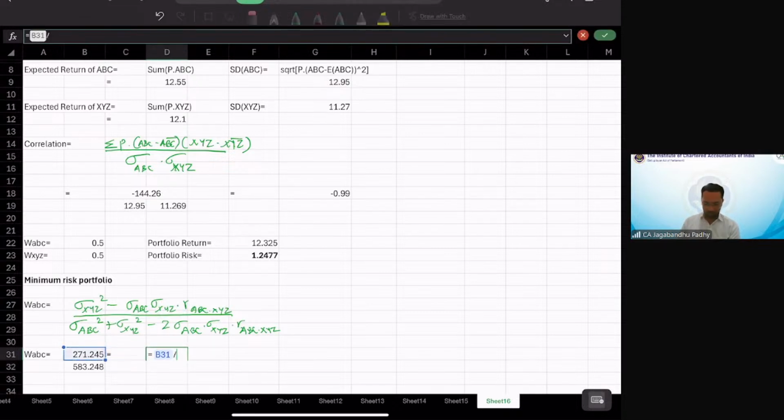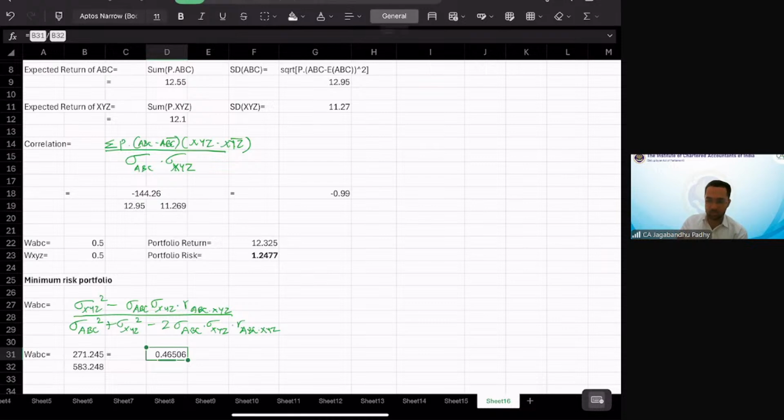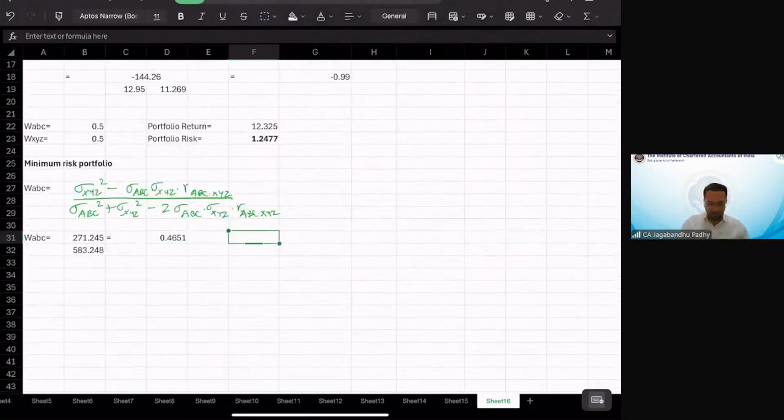This will be like 271 divided by 583.4650. This is weightage of ABC.